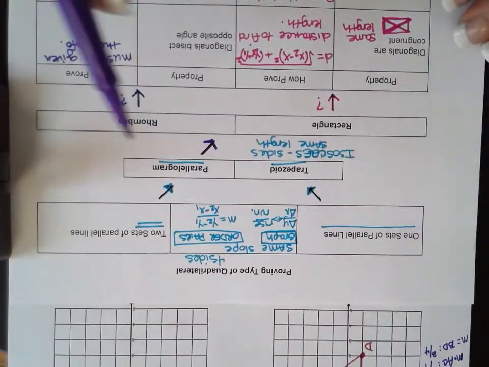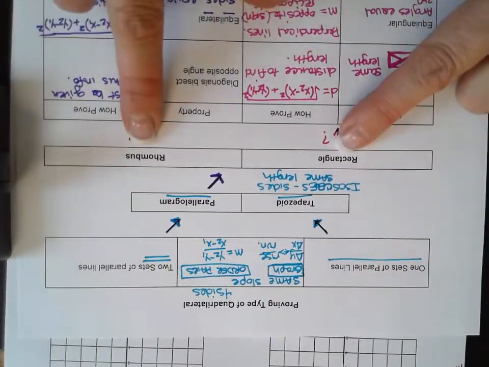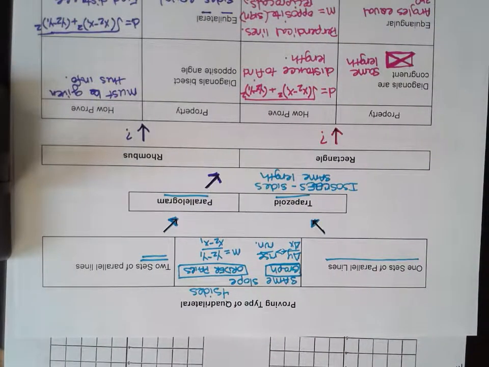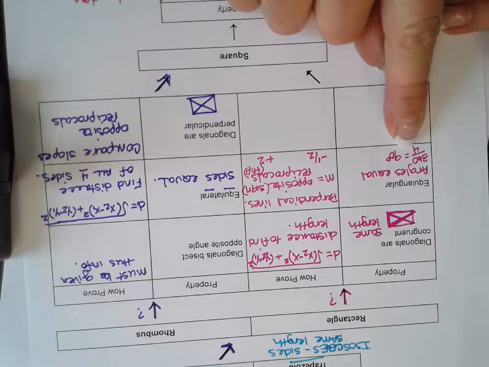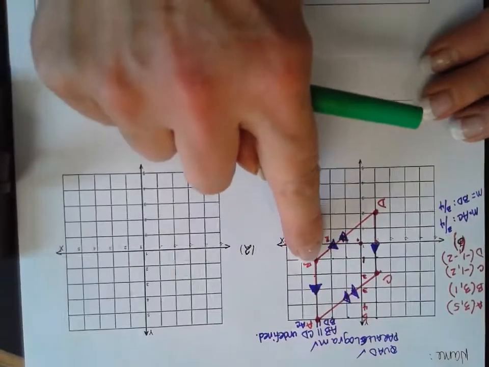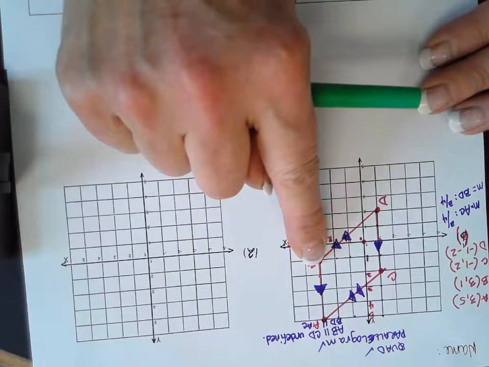Okay, so do I want to see if it's a rectangle or a rhombus? Now, let's stop and think about something for a minute. For it to be a rectangle, I have to have 4 right angles, correct? I have a line that has an undefined slope.